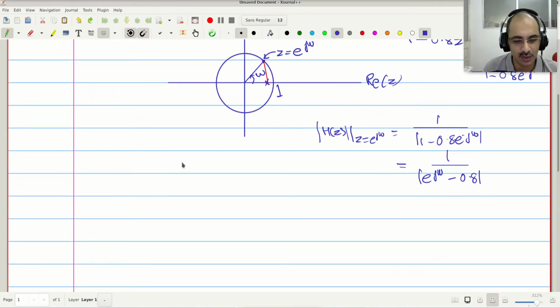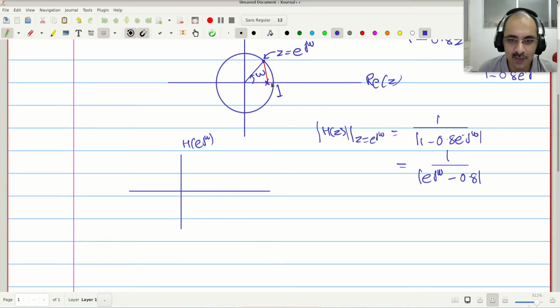So we know that if you write H of e power j omega, then when omega equals 0, the denominator is the minimum. It is at 0.2, so in fact the magnitude is 5. And when omega is equal to pi, the denominator is 1.8, so the magnitude is 1 by 1.8, over here.